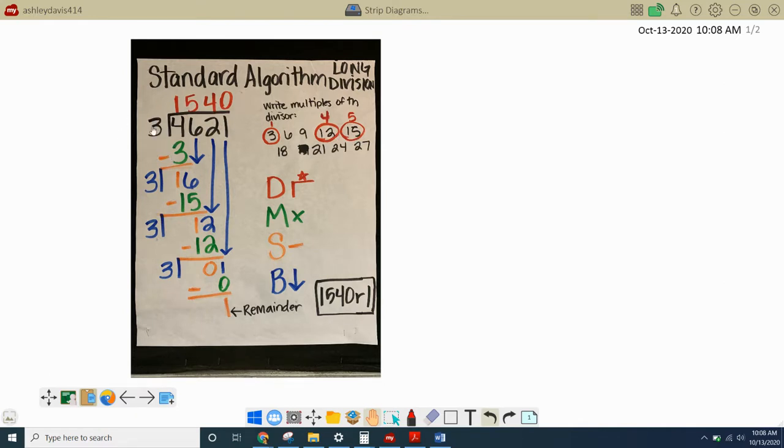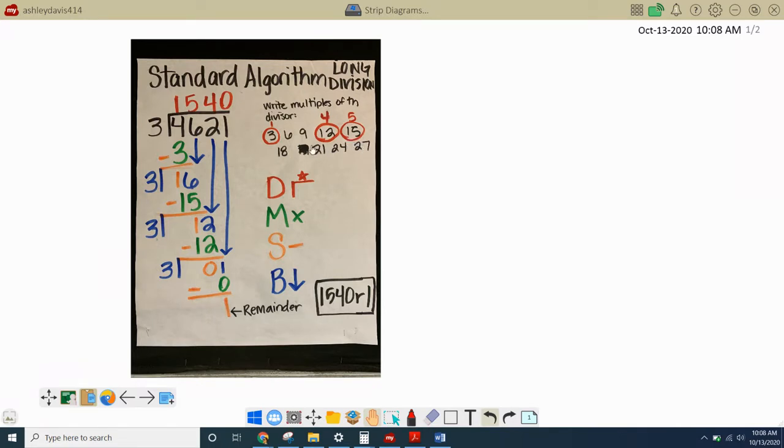So this divisor is 3. Over to the side, I'm going to write all the multiples of 3 to 3 times 9, and I'll explain why you only stop at 9. So here: 3, 6, 9, 12, 15, 18, 21, 24, 27.